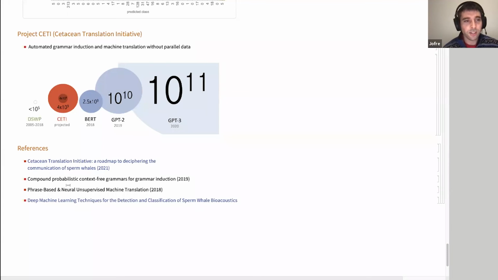Actually, they discovered that they have different dialects, different communities of sperm whales. So they have kind of cultures, and we might one day use transformer models to translate or understand what they are saying, or even communicate back to sperm whales.